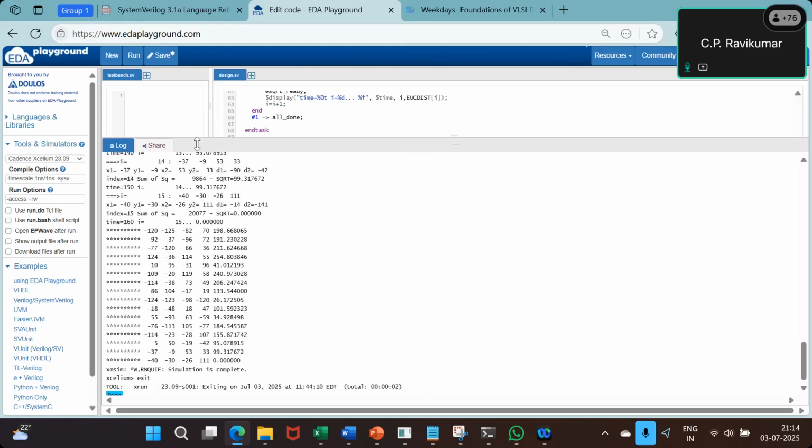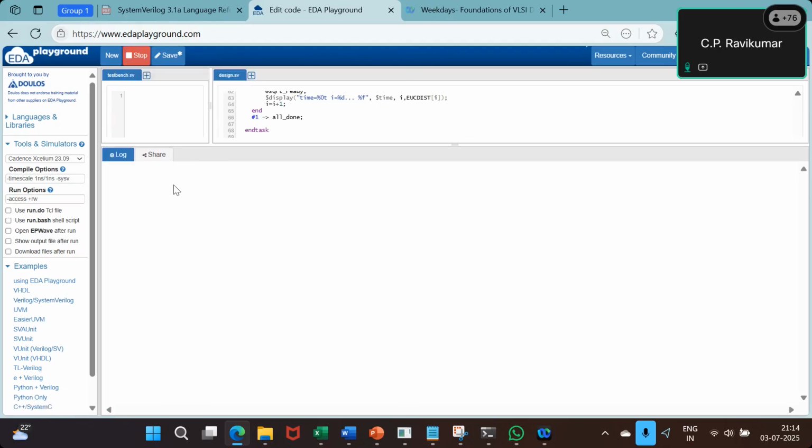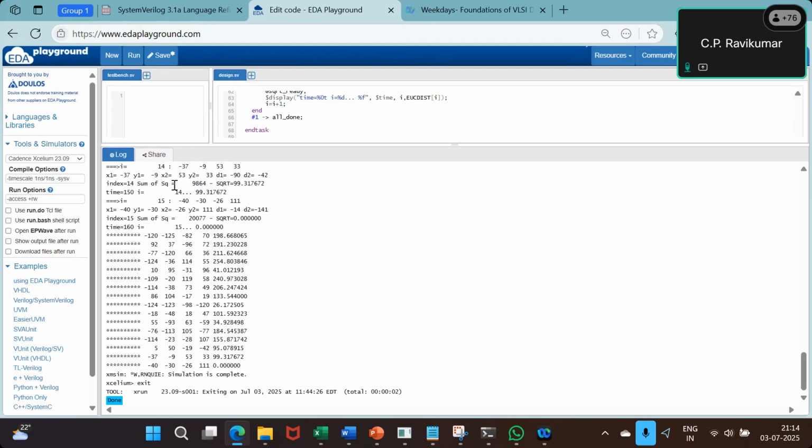Can you see? This time Cadence behaved differently. So there is some bug.